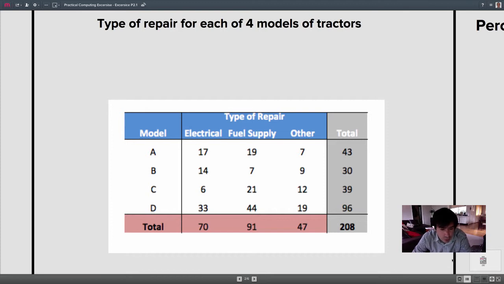The total at the bottom is the total number of repair classified by type. For example, we have 70, which is the total number of electrical repair. We have 91, which is the total number of fuel supply repair, and we have 47, which is the total number of other repair for all 4 models. 208 is the total number of repair for all 4 models.